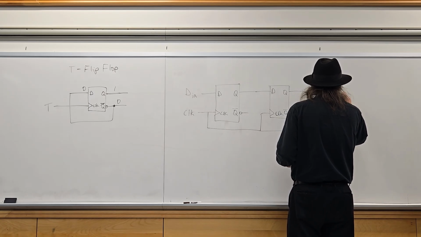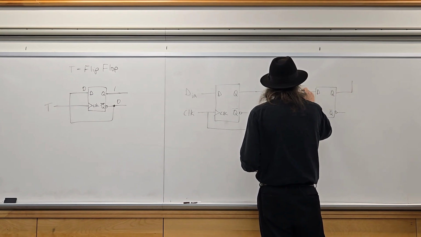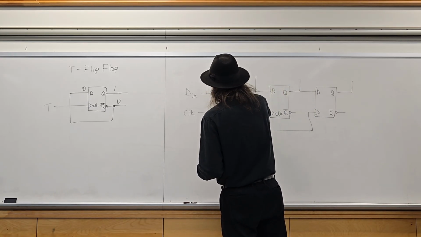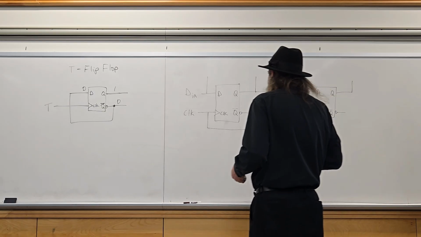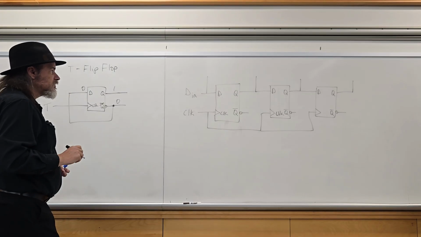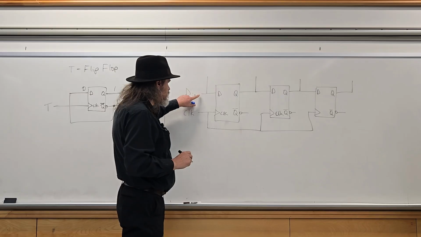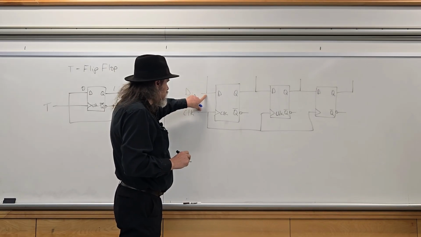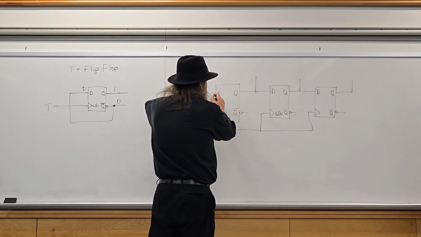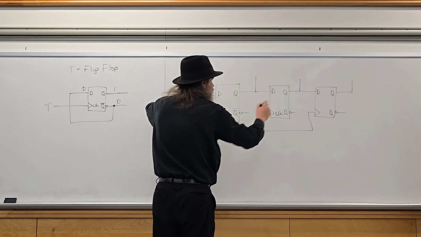You don't need the Q prime, but this would create a shift register where the first bit comes in on D, and when the clock hits, it passes to the output, but not through to the next one.